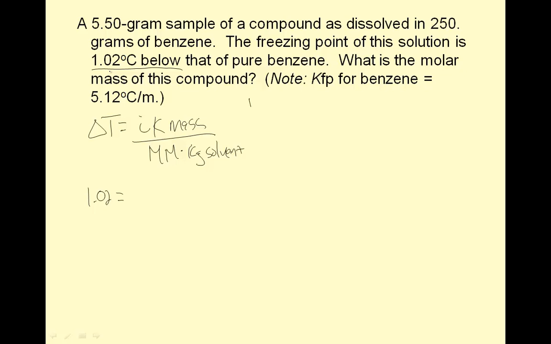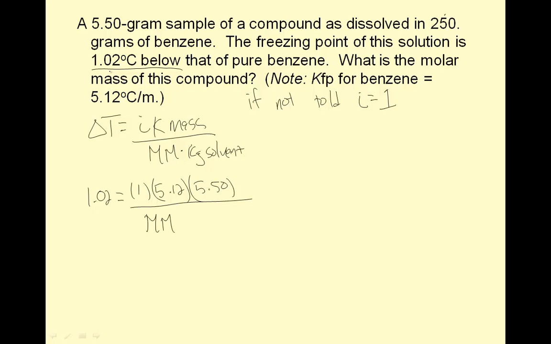Oh, by the way, if not told, I equals 1. So it's a compound, you don't know what it is. So I have 1 times K, 5.12, times the mass of the solute, that's 5.50, over the molar mass, which is what I'm solving for.